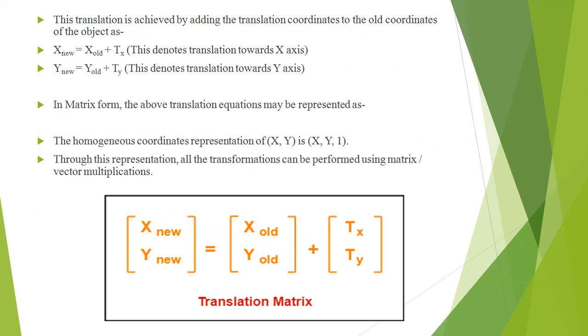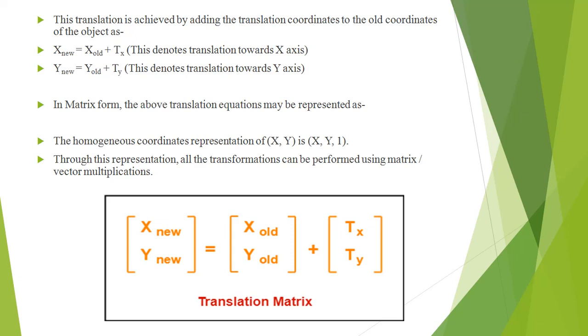The translation is achieved by adding the translation values to the old coordinates, and then we get the x new and y new coordinates. So tx denotes the translation towards the x-axis, and ty denotes the translation towards the y-axis.